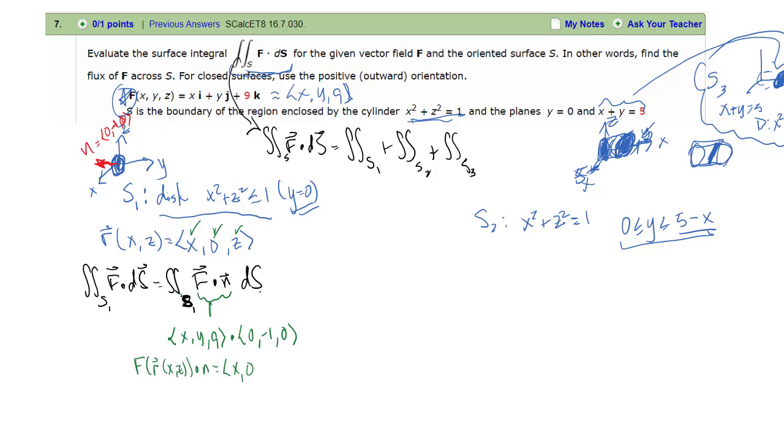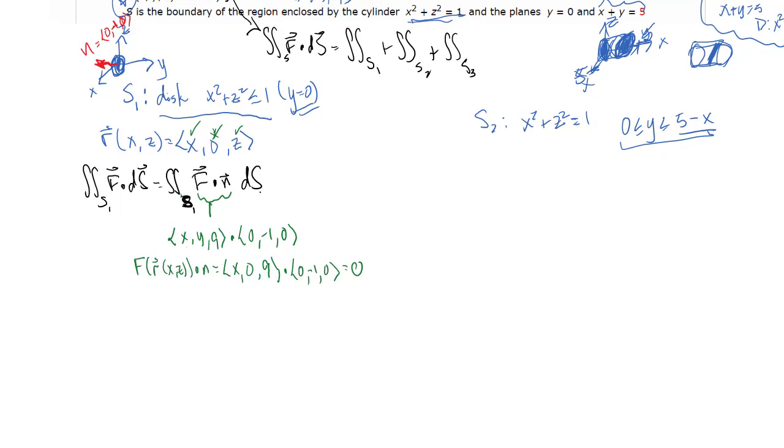So this is going to be our big advantage. And then z is equal to 9 dotted with 0, minus 1, 0. And this is going to give us 0. So if F dotted n is equal to 0, then the whole thing is going to be equal to 0. So the flux over our first surface is going to be 0. All right, so that's good.